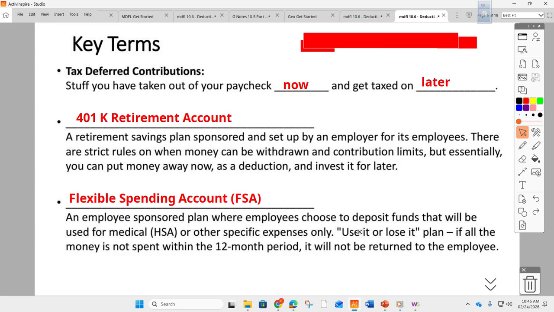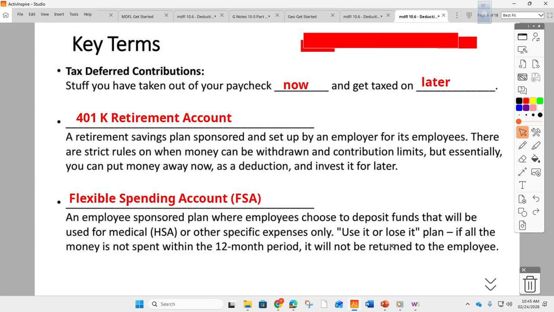This says it's a use it or lose it plan, and I don't think they are all use it or lose it anymore. Use it or lose it means, let's say I asked the County Schools to deposit $50 from my pay each month, so that would be $600, right? I spend my money on medical supplies from my flexible spending account, but I only spend $450, so there's $150 that I didn't spend.